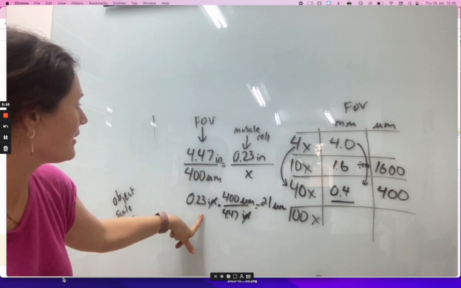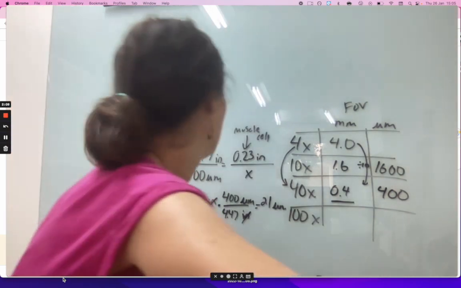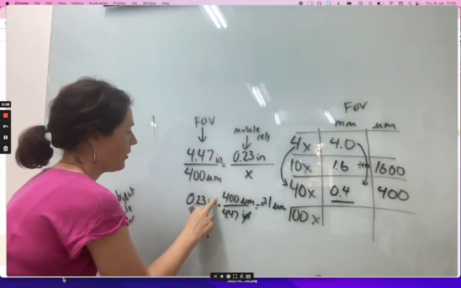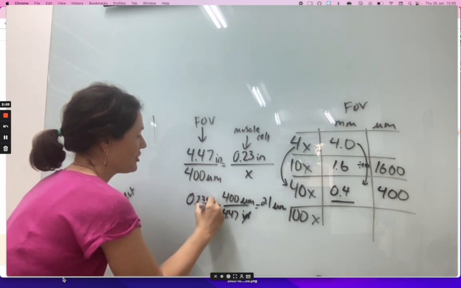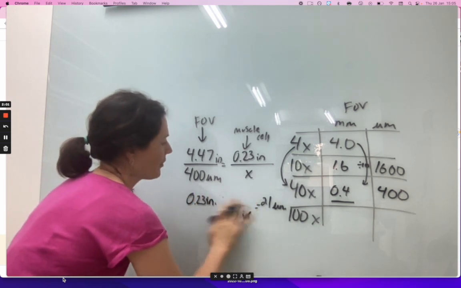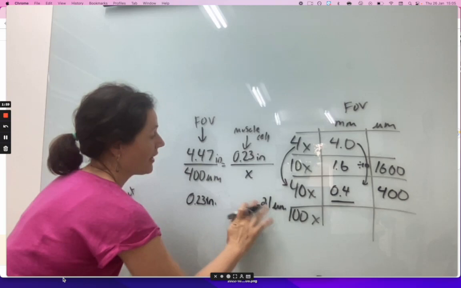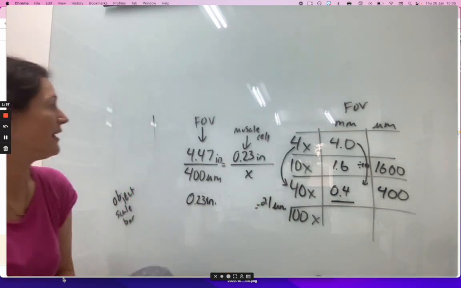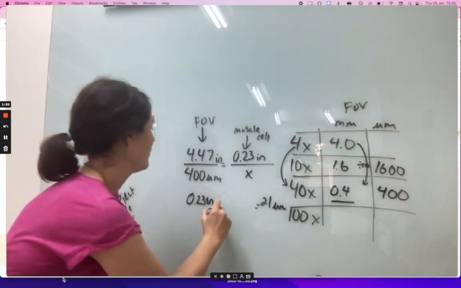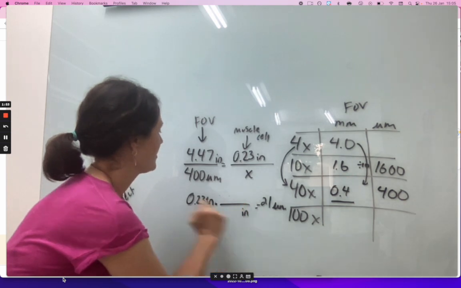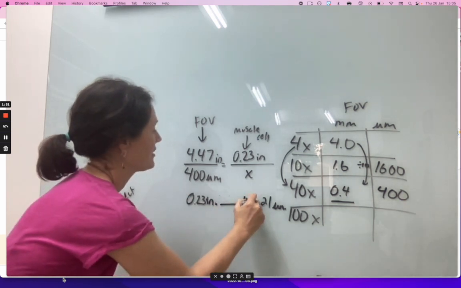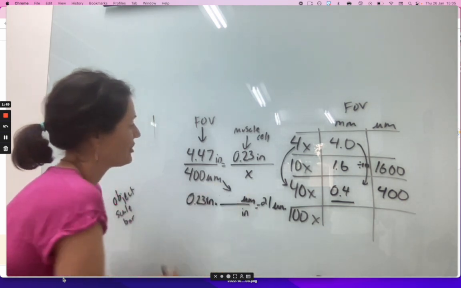The other way that I really like is to start with the thing that I know, this is my cell, 0.23 inches, and then come up with my conversion factor, again based on the field of view, right? I want to cancel out inches, and I want something in micrometers, and this is the information about that equivalency.